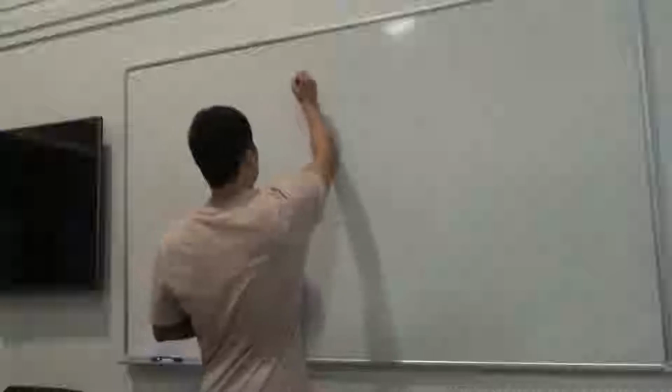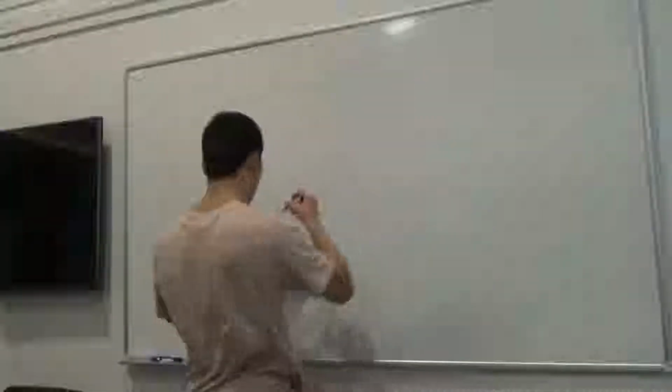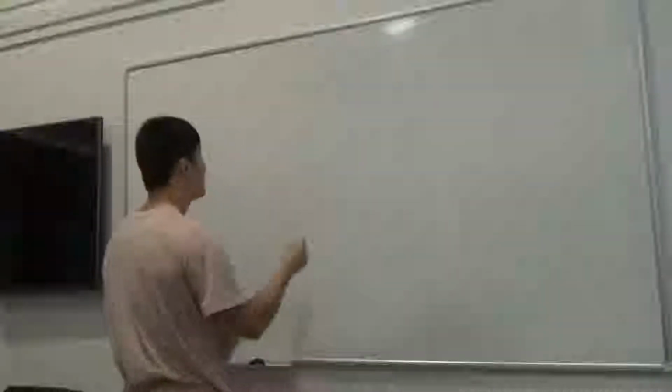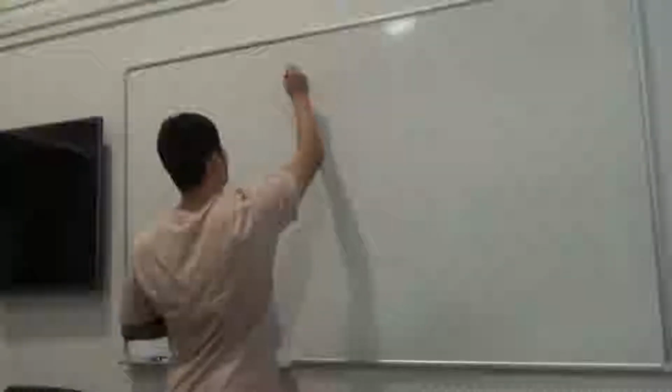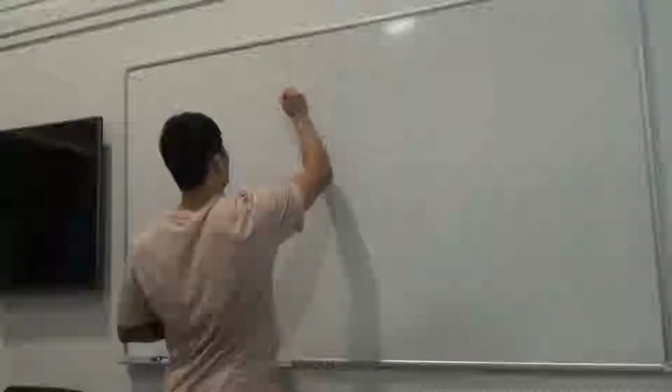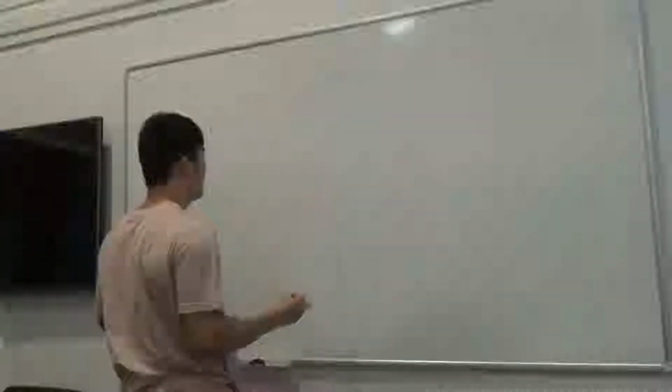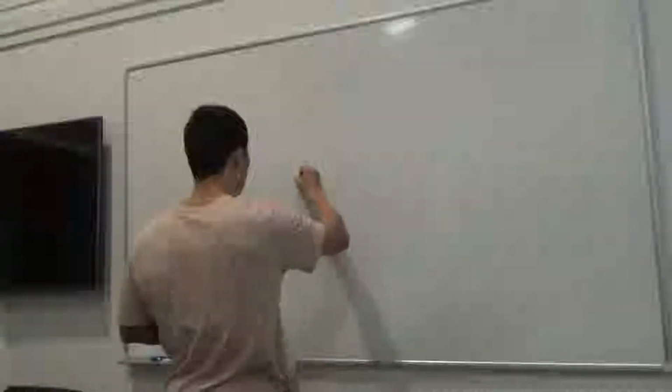So we have our slit here, and we have our screen. So we have light coming through, and when it comes through the slit, it's going to diffract. Okay, and so you will create a diffraction pattern.